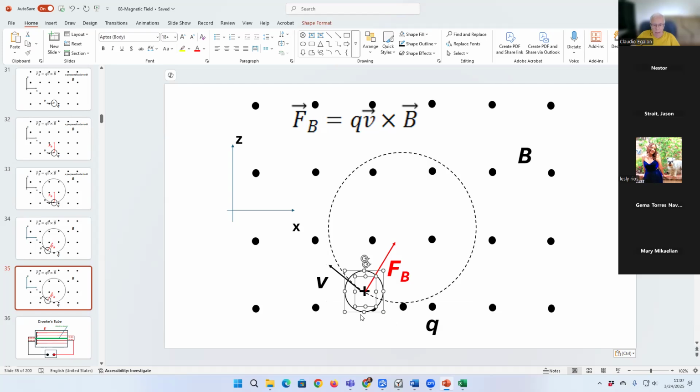Okay? And we can go with another illustration here. Let's move this guy to another place right here. I don't need this. The velocity vector is going to change direction, and so is the magnetic field vector. Here we go. The magnetic field vector up.